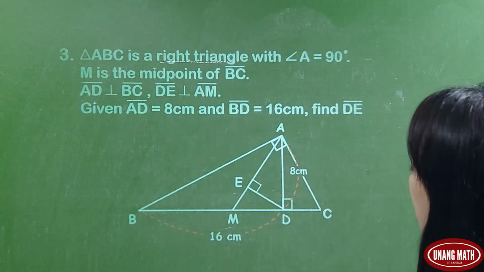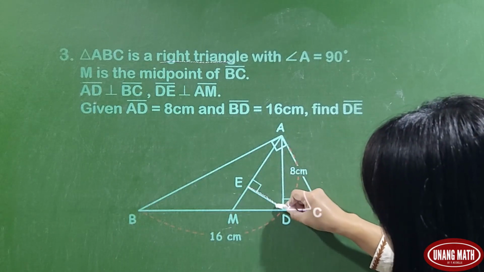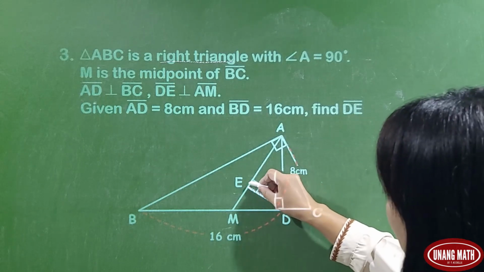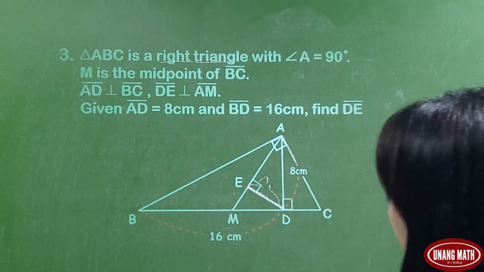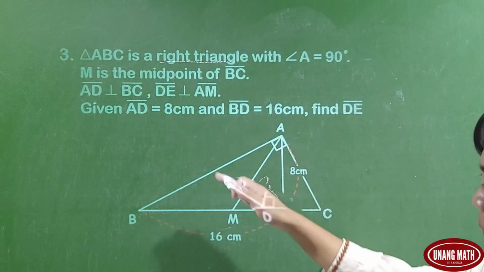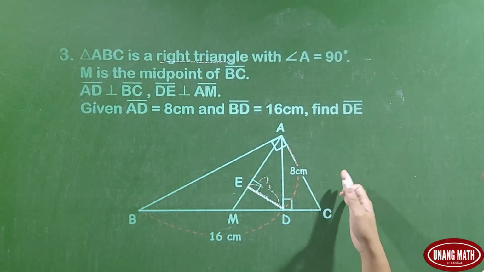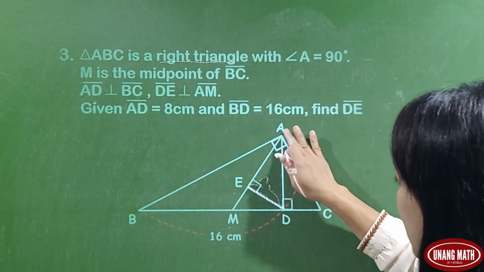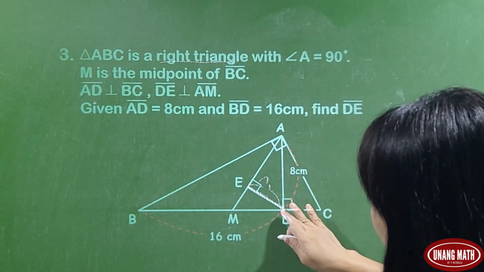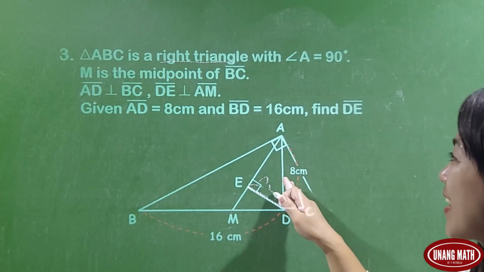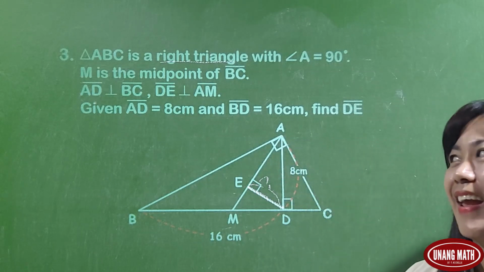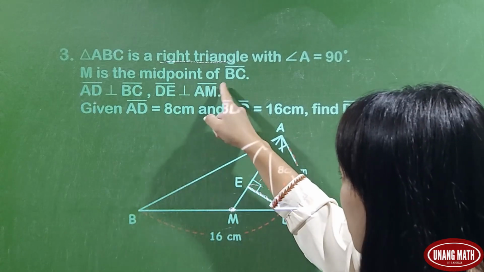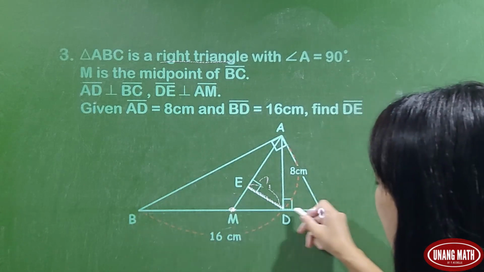So where is segment DE? This length. If we take a look properly at this bigger right triangle, it has smaller right triangles inside. The point M is the midpoint of BC.